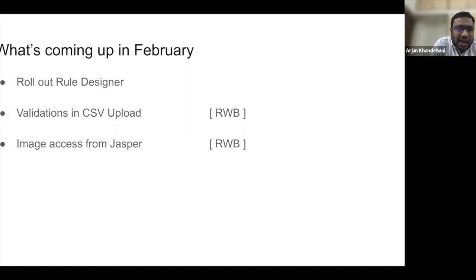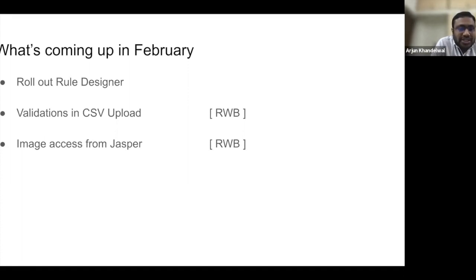Another is that there is a CSV upload feature, but there were no validations, mandatory or any other type, in the CSV upload. One of the projects, RWE, rejuvenating water bodies, needs it, and they're supporting building this feature as well. So we are adding this. Similarly, there is image access from Jasper reports.